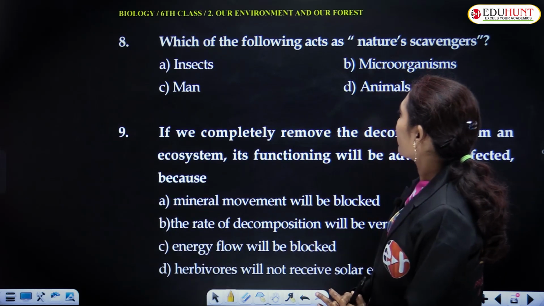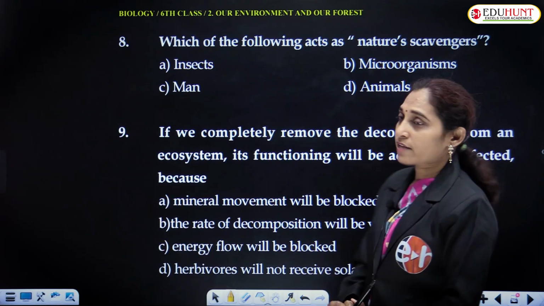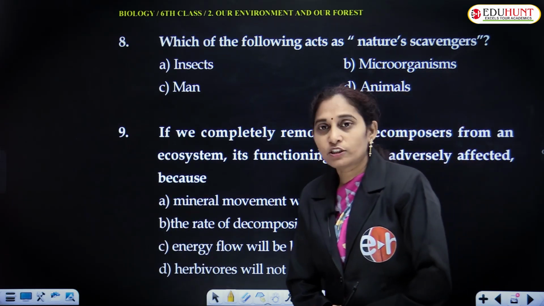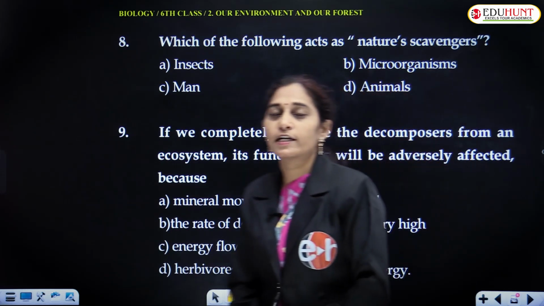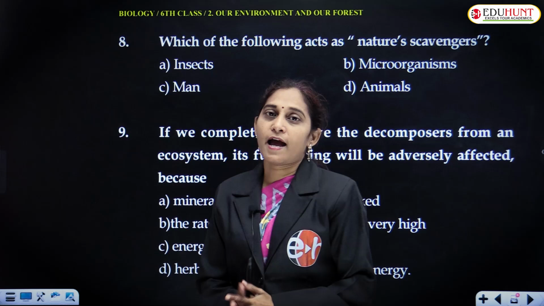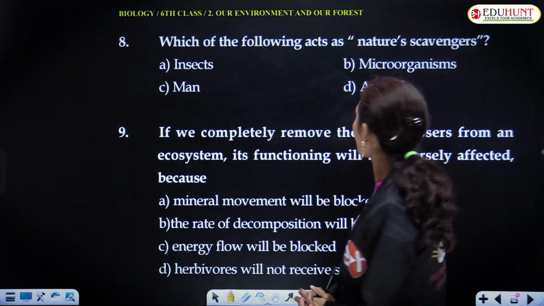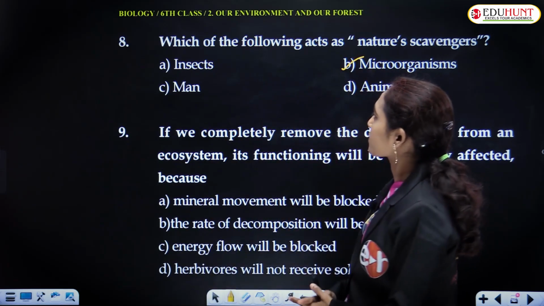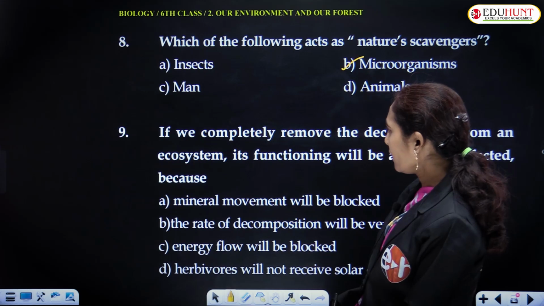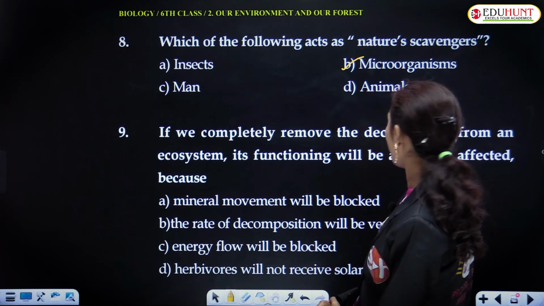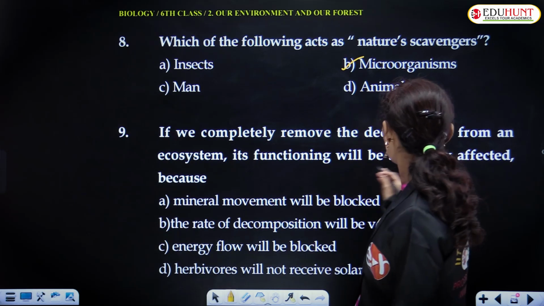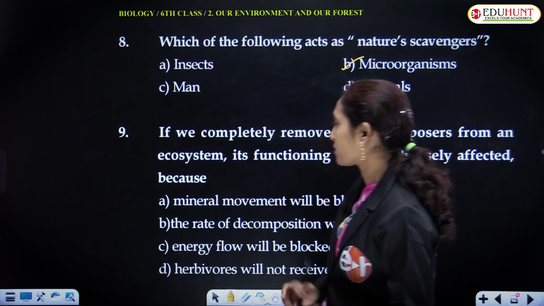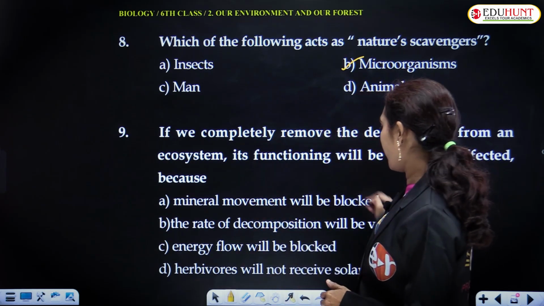Which of the following acts as nature's scavengers? Nature's scavengers are saprophytes. They feed on the dead plant and animal remains, microorganisms. If we completely remove the decomposers from an ecosystem, its functioning will be adversely affected because mineral movement will be blocked.